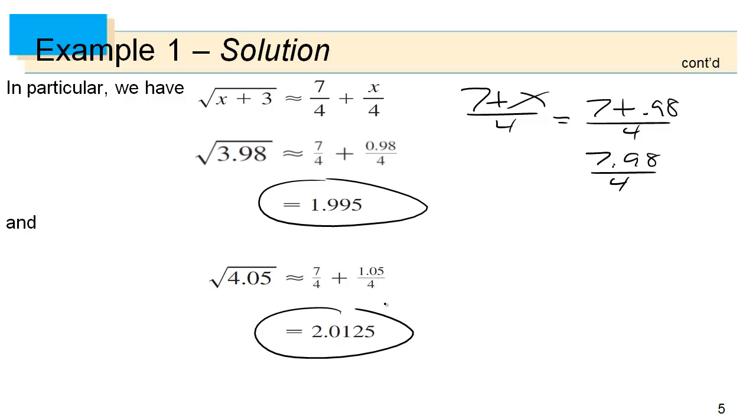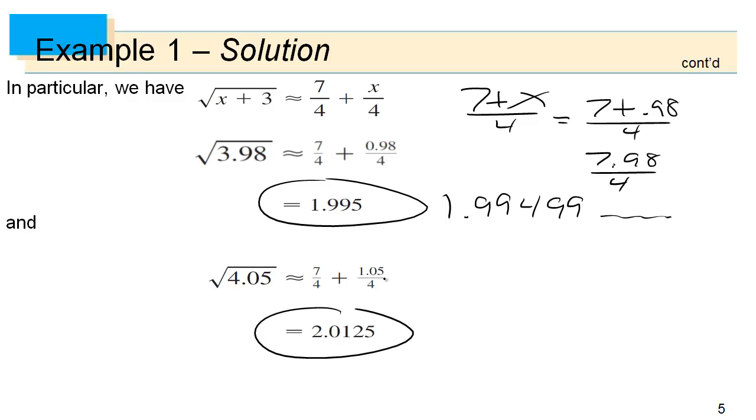And in fact, if you do break out your calculators and do the square root of 3.98, you will see that the answer you get out of your calculator is 1.99499 blah blah blah, and that rounds pretty darn well to 1.995.